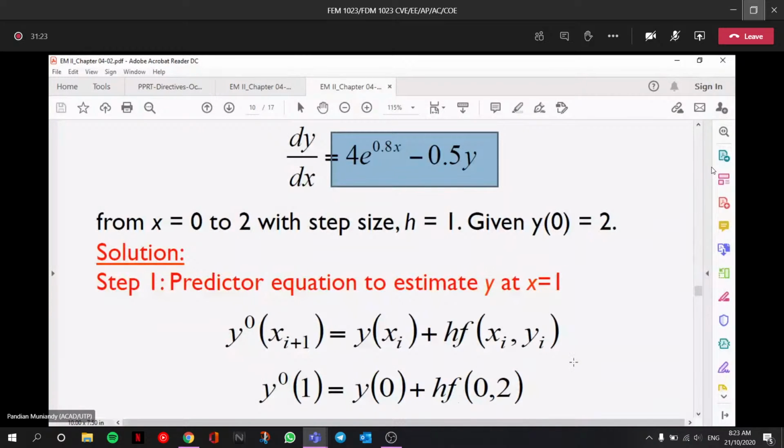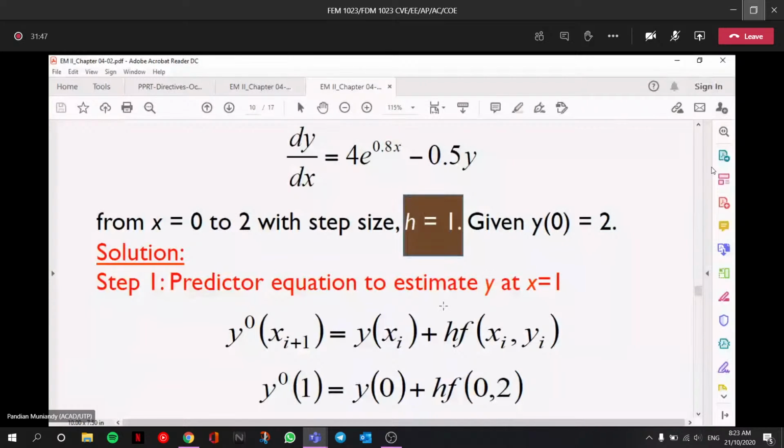This is the point. That means y0 you already knew is 2. So you substitute 2 here now. You are calculating y0 1. This is your intermediate output. So y0 equals 2. You already knew this. Put here 2 plus h. You already knew 1. So just plug in 1. No problem.